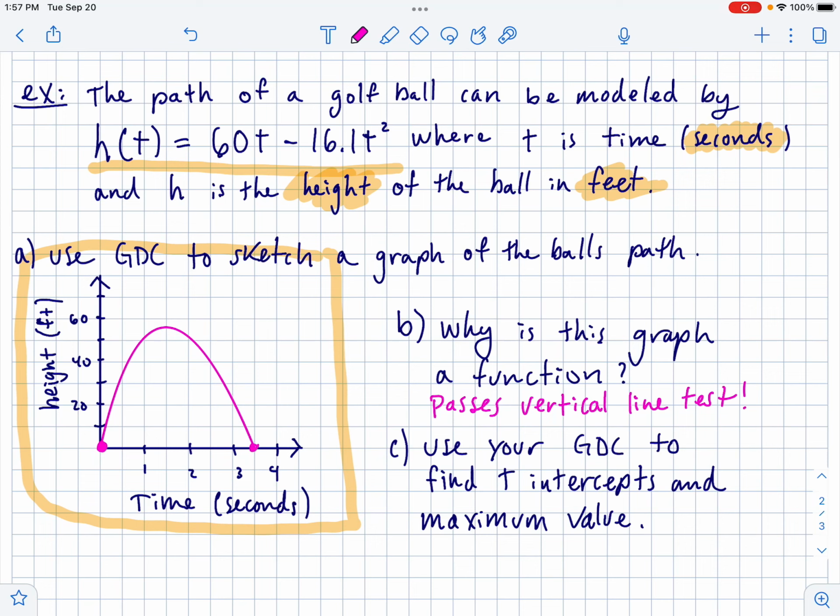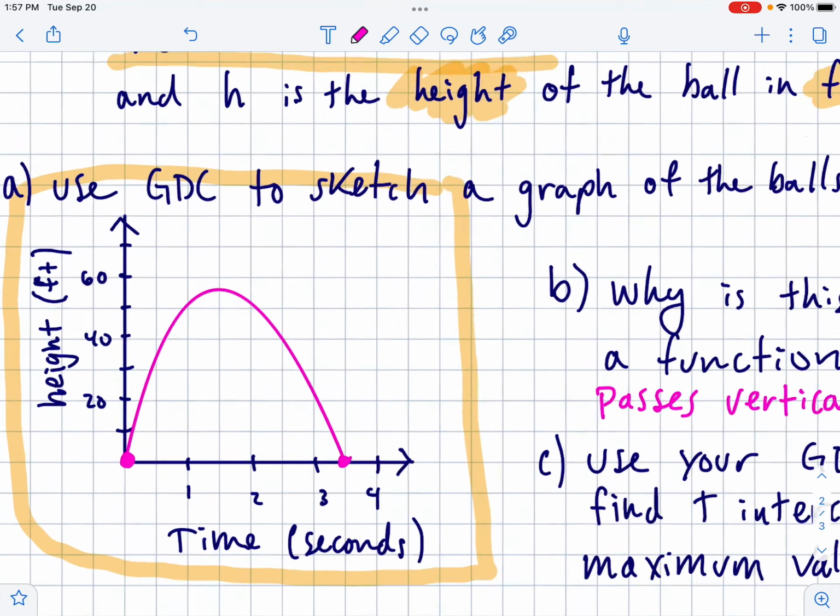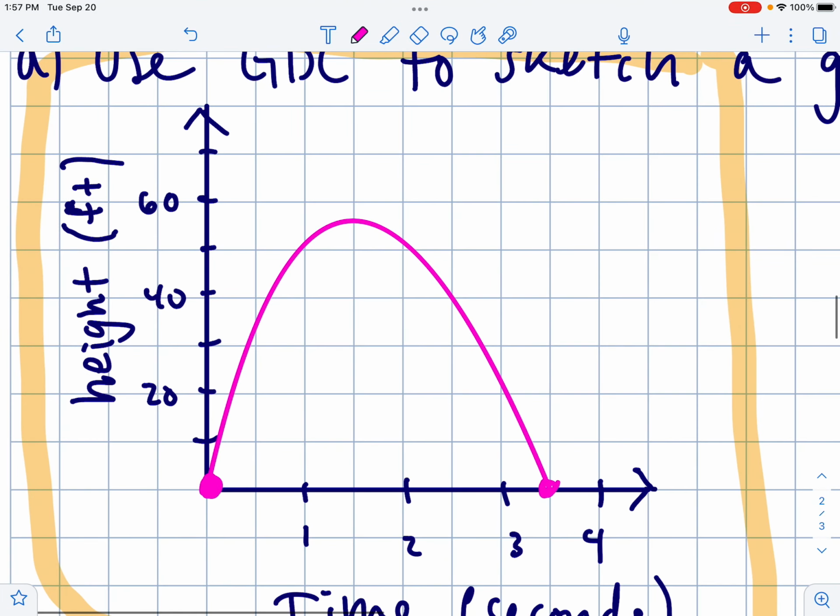Then part C says use your GDC to find the t-intercepts and the maximum value. So if I look at this picture right here, they're wanting to know what point this is, and what the very tip top is, like the maximum value.